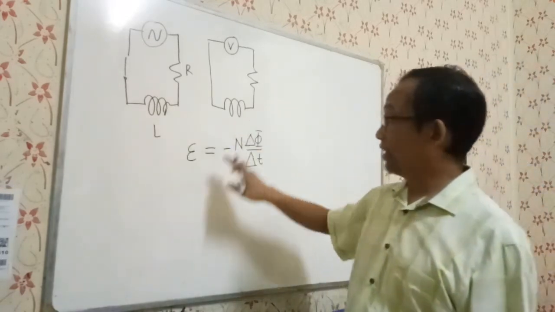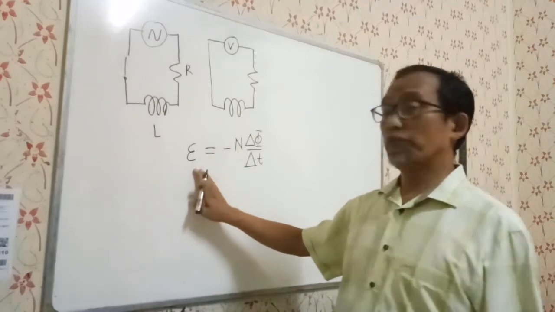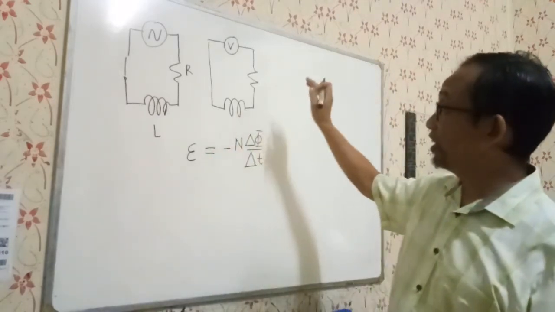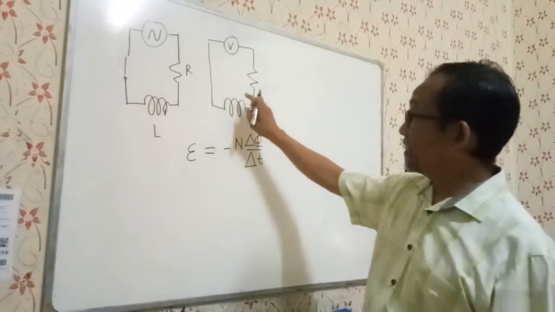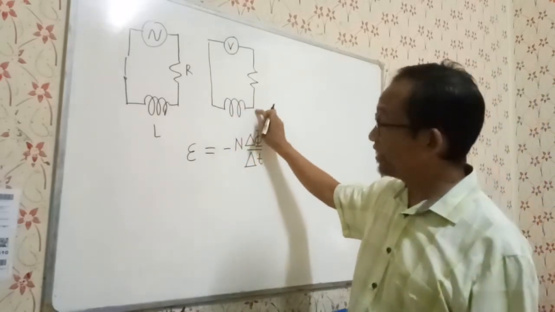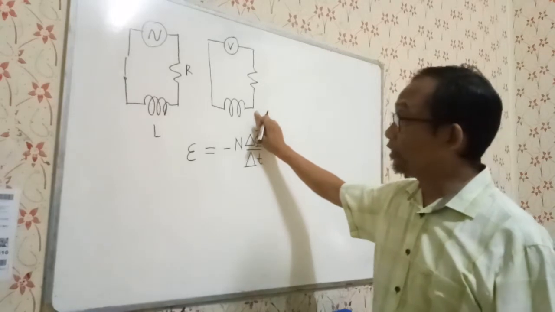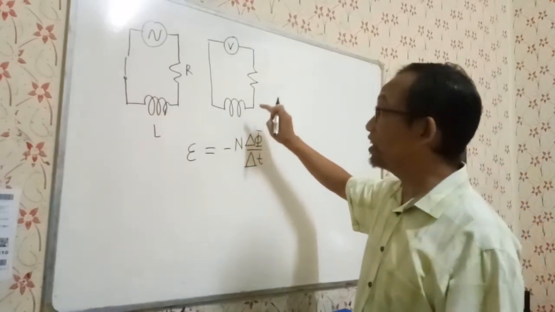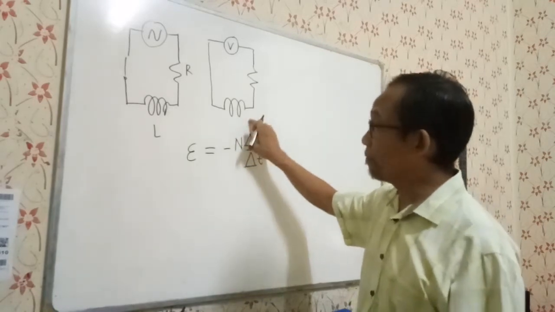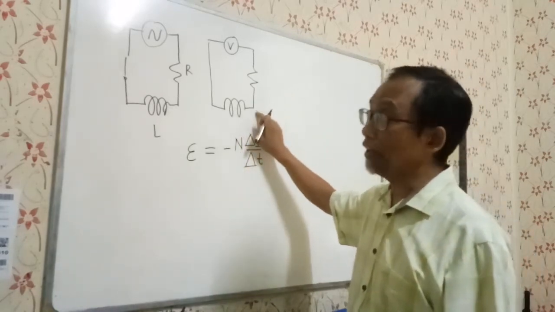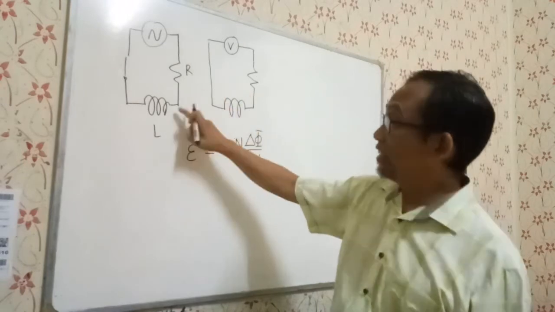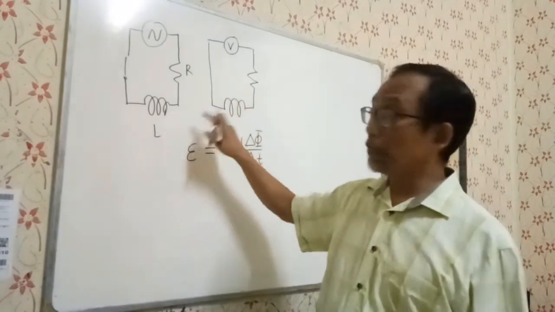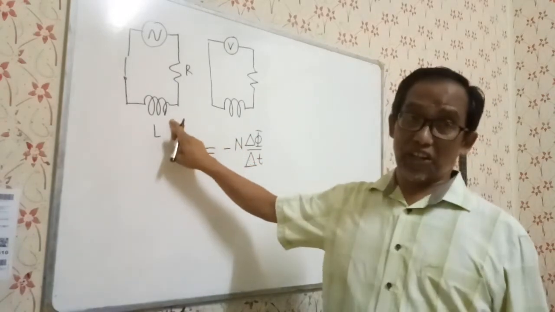And there will always be a value of EMF. Also, the change in the voltage and in the current in this circuit will also generate a magnetic field in here, a changing magnetic flux, and that changing magnetic flux in this coil will in turn generate a magnetic field in the other coil.